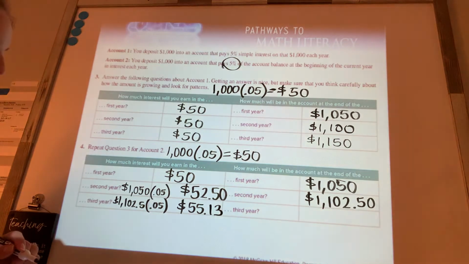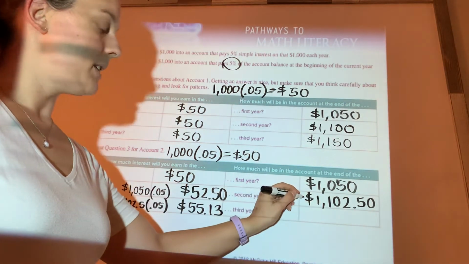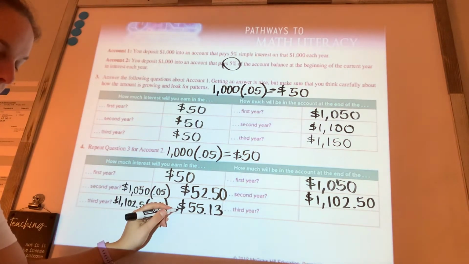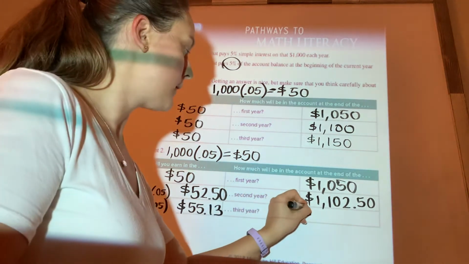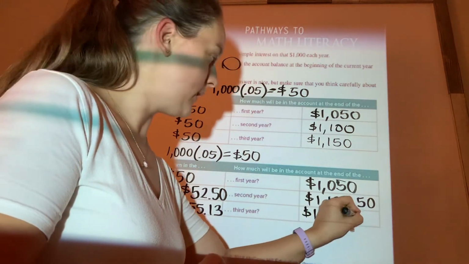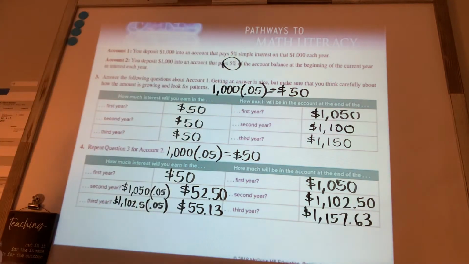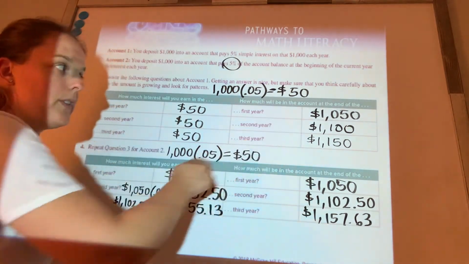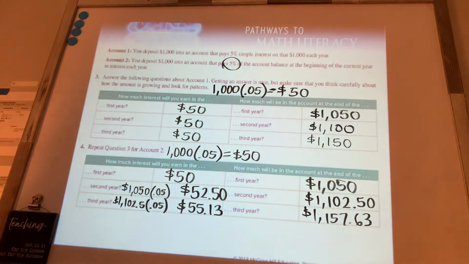So be careful with the rounding. Now to get the balance, I'm going to take the year 2 balance and I'm going to add in $55.13. So I get $1,157.63. Okay, so as you can see, compound interest is a lot more difficult than the simple interest.